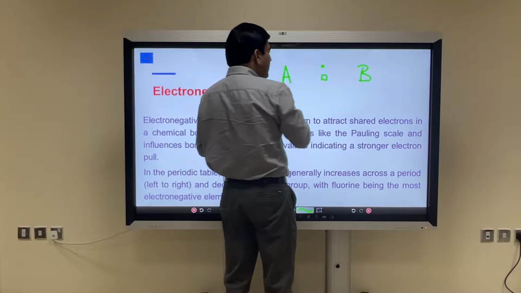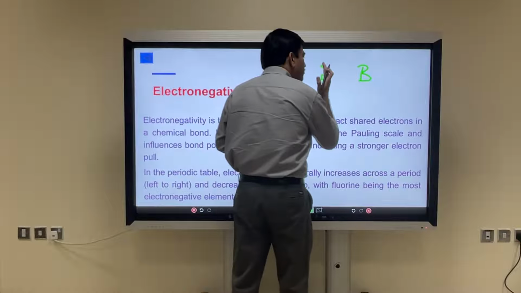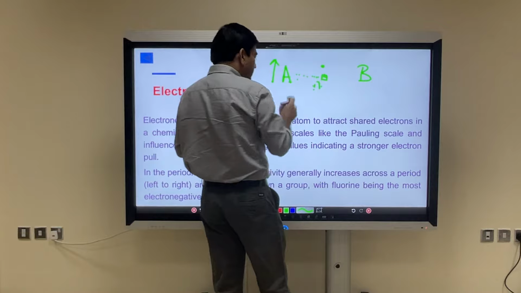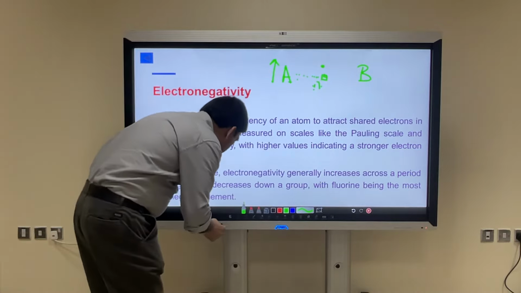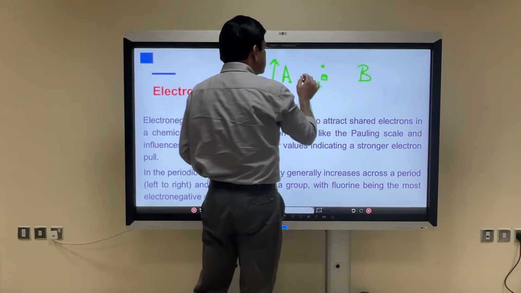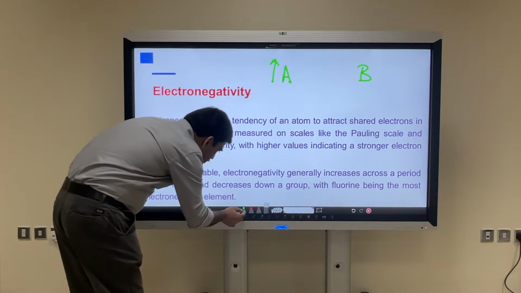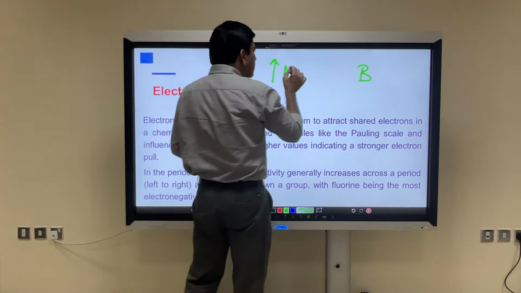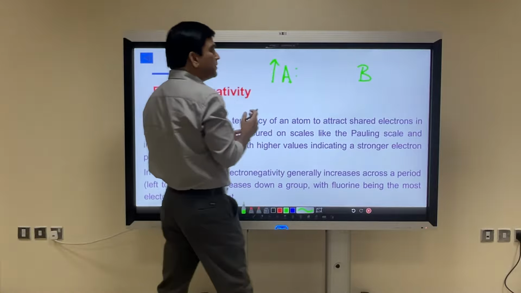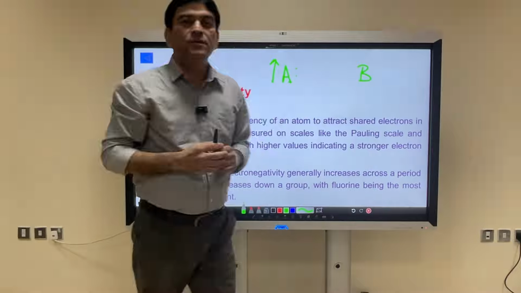Now what happens if the electronegativity of A is more? This pair of electrons will move towards A. If the electronegativity of A is more, then they will move towards A, and the electron pair moves away from B. Why is this happening?